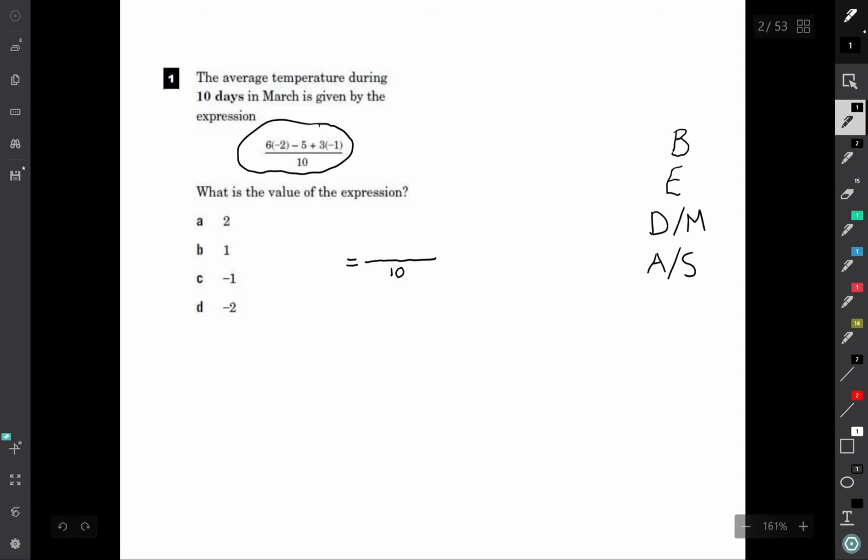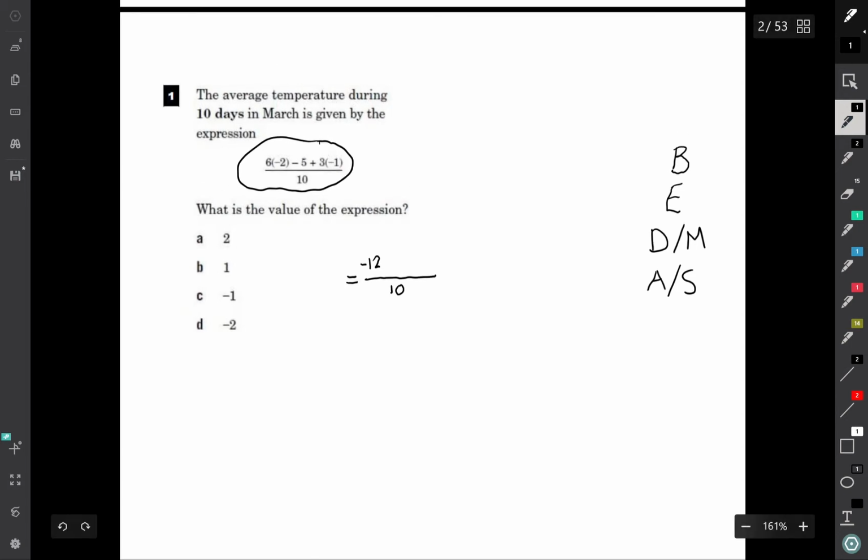And I'm going to do 6 times -2 first. So that's -12. I'm not going to do anything about the -5, because I know subtracting comes later. So I'm just going to leave that as -5. And then I'm going to do this multiplication. So 3 times -1, well, that's -3.